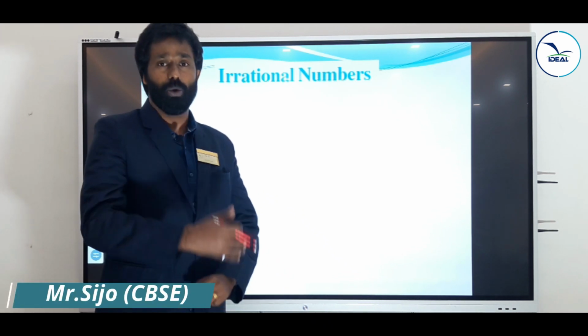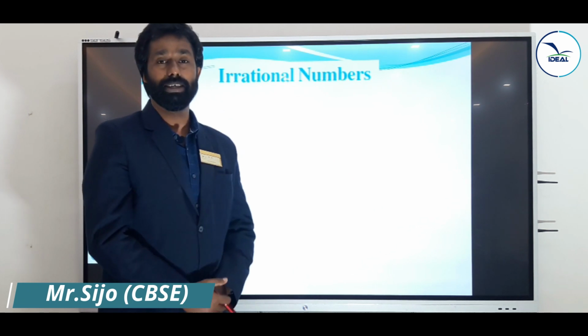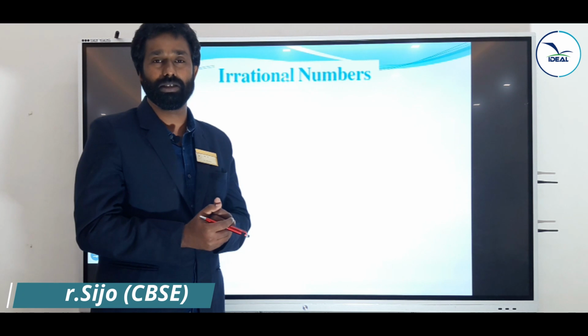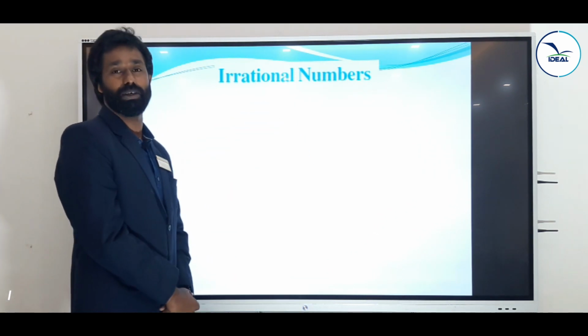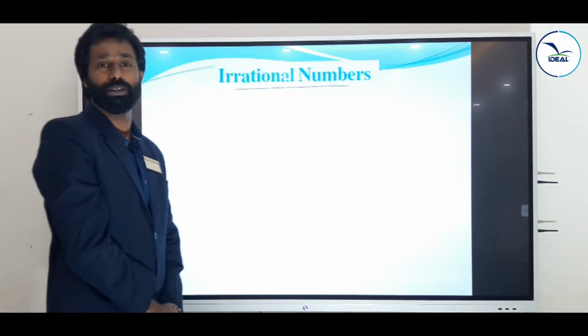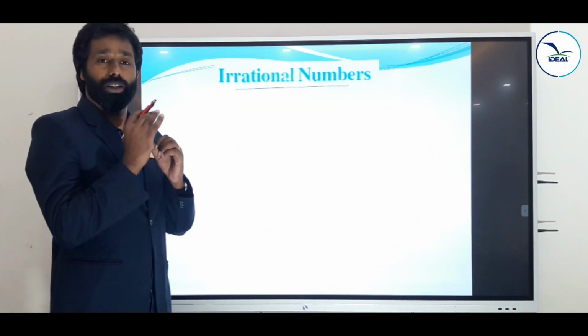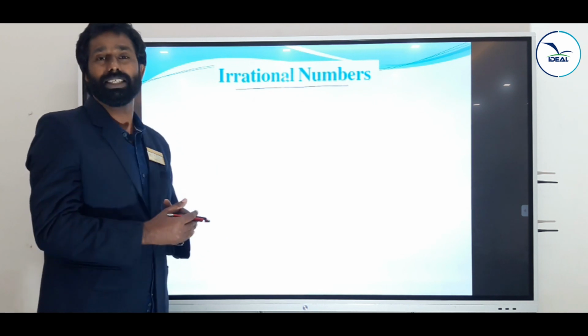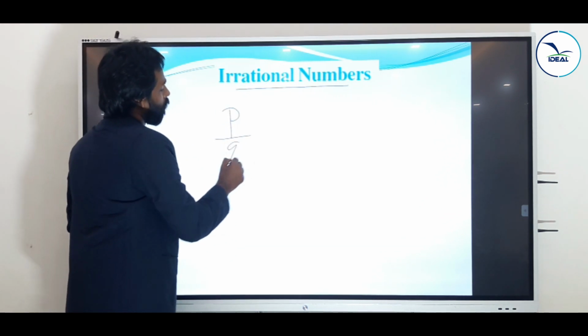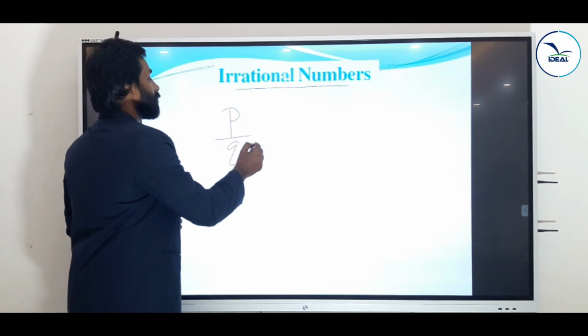We know those numbers we can write in the form of p by q. Those are rational numbers. Now consider another set of numbers, irrational numbers. What are irrational numbers? Those numbers we cannot write in the form of p by q. That means p by q we cannot write.